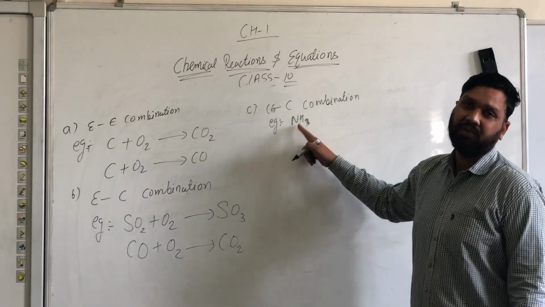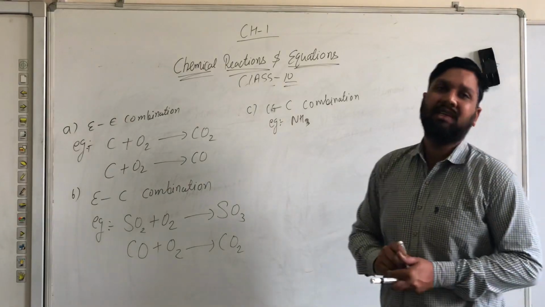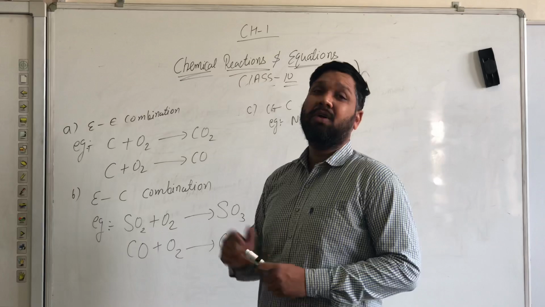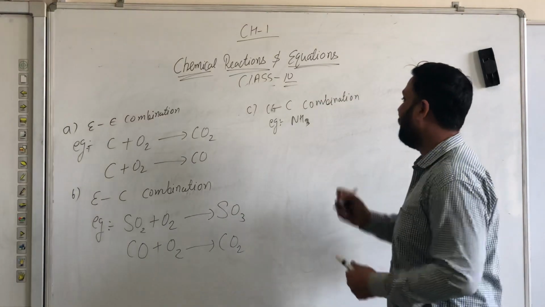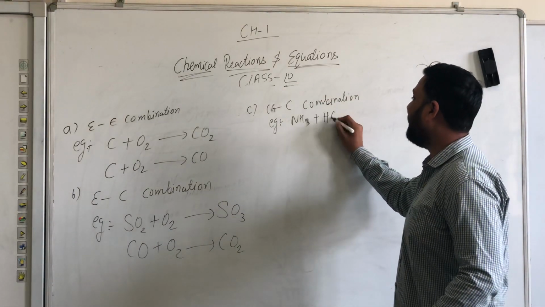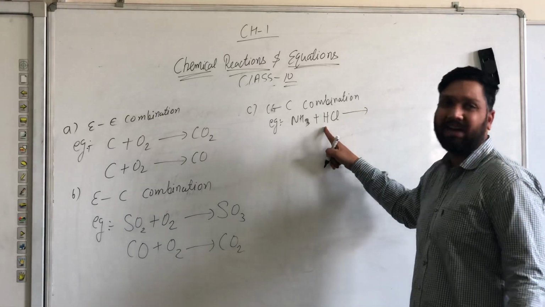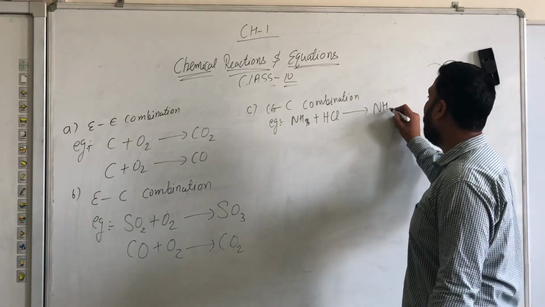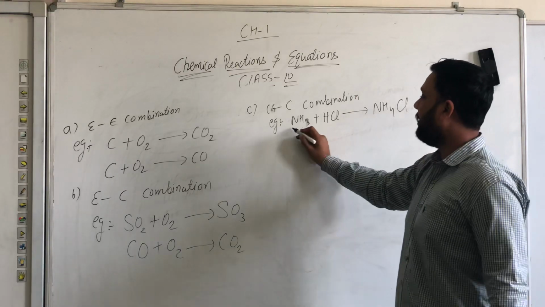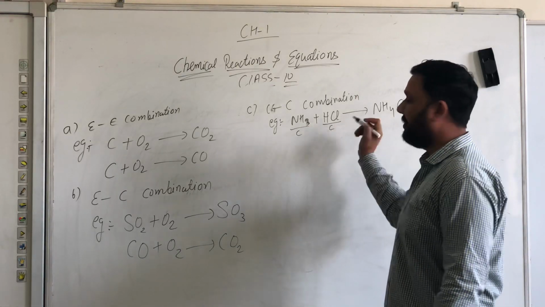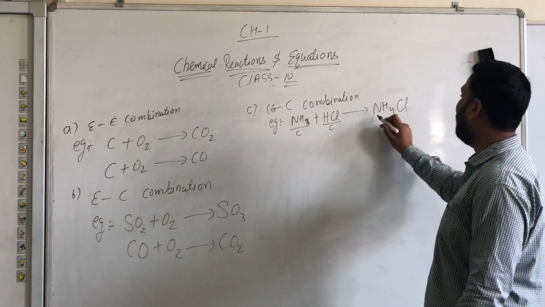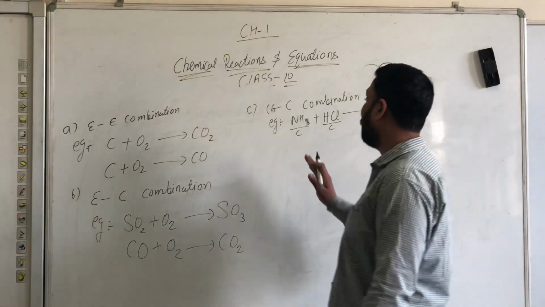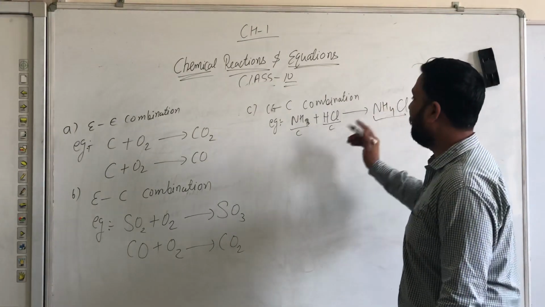One atom of nitrogen and three atoms of hydrogen make ammonia. That's why it is called a compound, because it contains more than one type of atom. It reacts with HCl, hydrochloric acid, one atom of hydrogen and one atom of chlorine. It will form ammonium chloride. Here two compounds react together to form a single product.